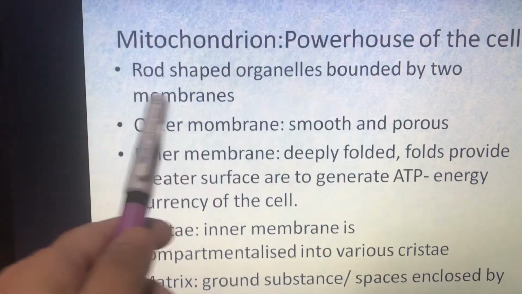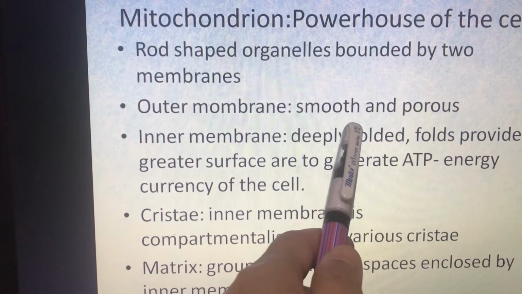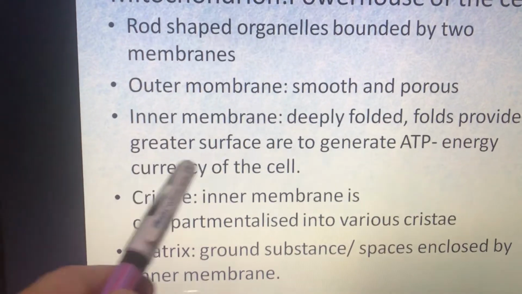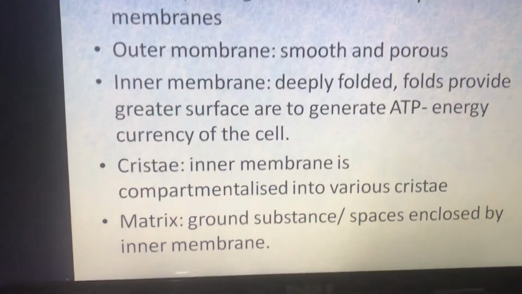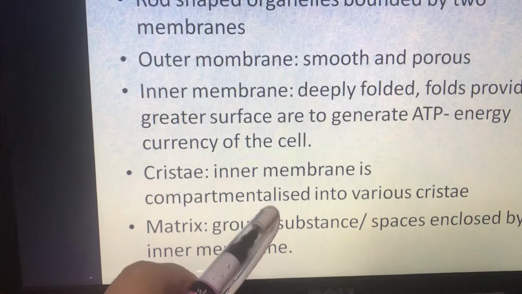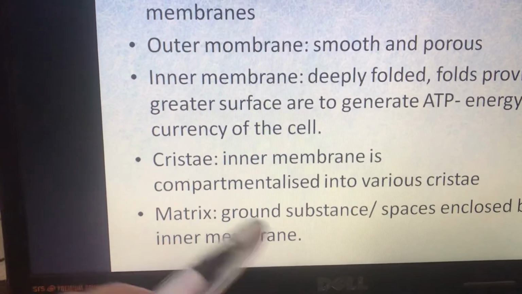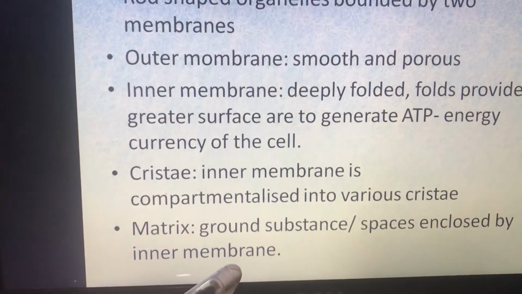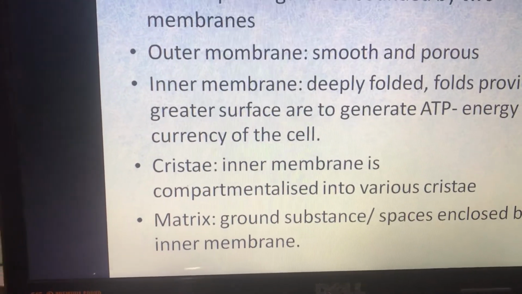Powerhouse of cell, rod-shaped organelles bound by two membranes. Outer membrane is smooth and porous, inner is deeply folded. So folds provide greater surface area to generate ATP, and ATP is also known as the energy currency of the cell. Cristae: the inner membrane is compartmentalized into various cristae, and the matrix which fills the mitochondria is the ground substance, or spaces enclosed by the inner membrane.